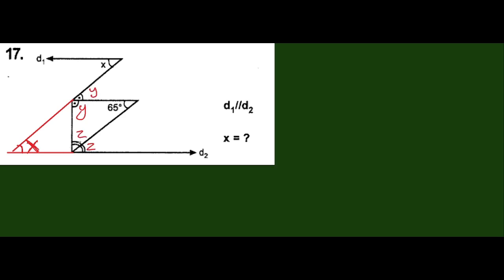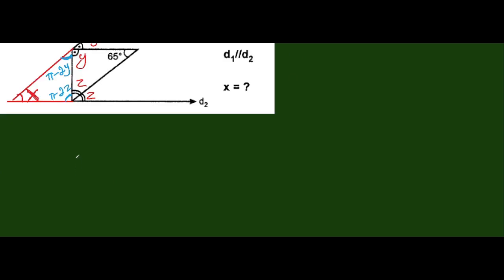Okay, here this angle will be pi minus 2y, and this will also be pi minus 2z, and the sum of interior angles of a quadrangle will be equal to 360 degrees.